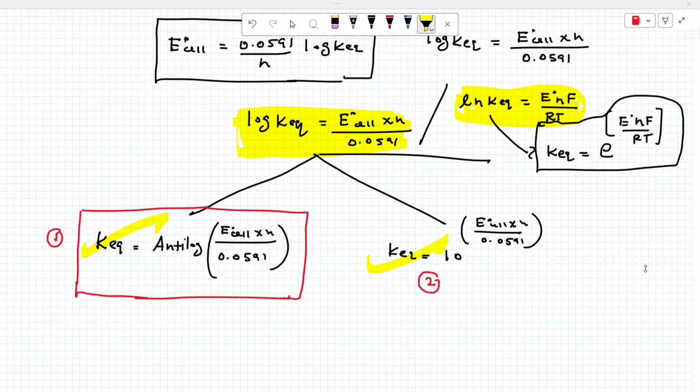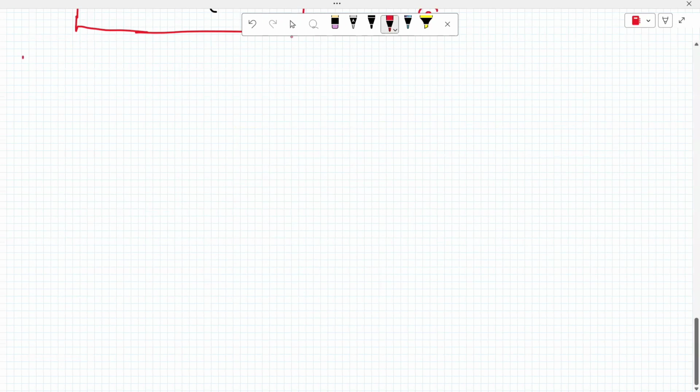Okay, now going into one question. Please note, this is a CSIR NET exam 2012 question.